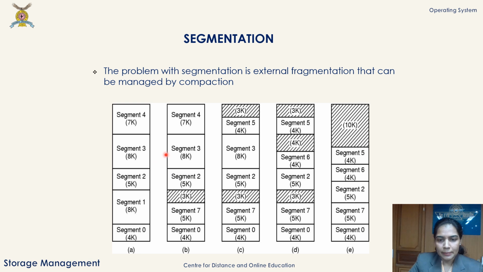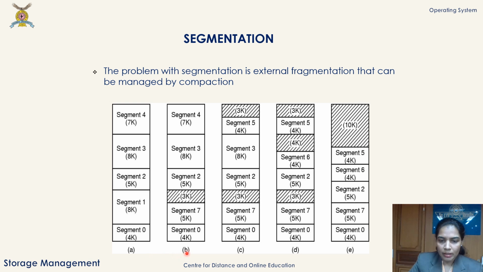In this diagram, we can see how segmentation is actually implemented. We can see in this diagram A, B, C, D, E. It shows the snapshot of the memory at a given time. We can see we have 5 segments here, segment 0, 1, 2, 3, 4, and a process is loaded in each segment, and some of this memory is occupied by these processes.